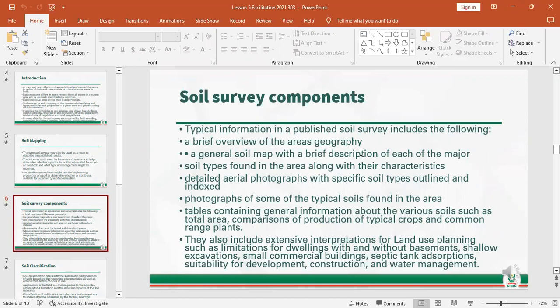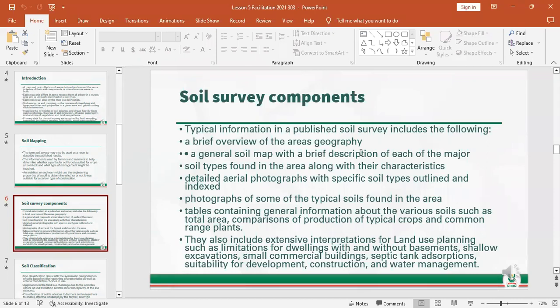Now, tables contain general information about the various soils, such as the total area, which is very important, and the comparison of production of typical crops as well as common range plants.